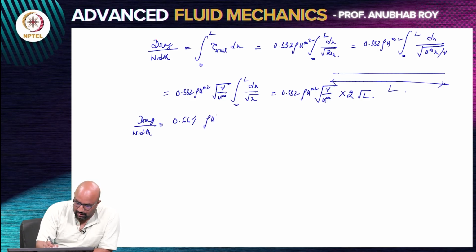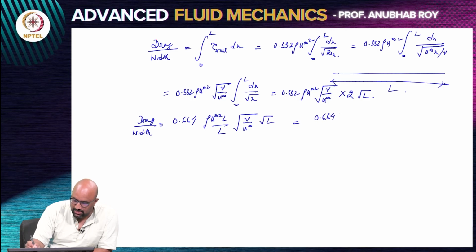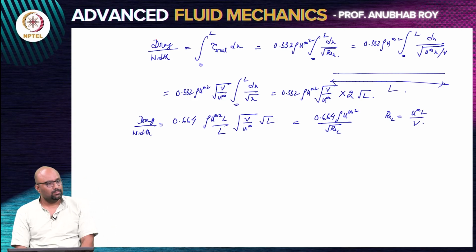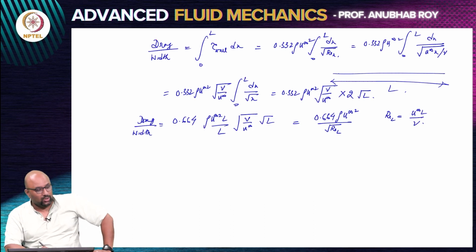Now, if I multiply and divide by L, then I can write this as 0.664 rho u infinity square L divided by root REL, where REL is u infinity L by nu. So, that is the drag that the plate experiences per unit width.